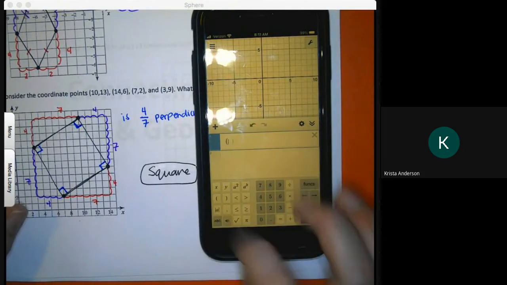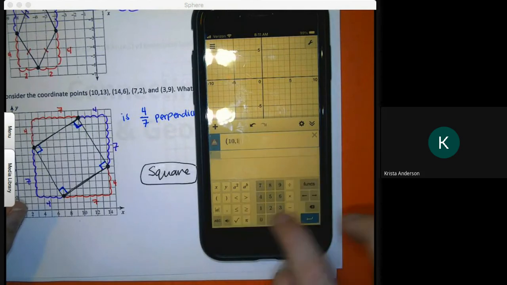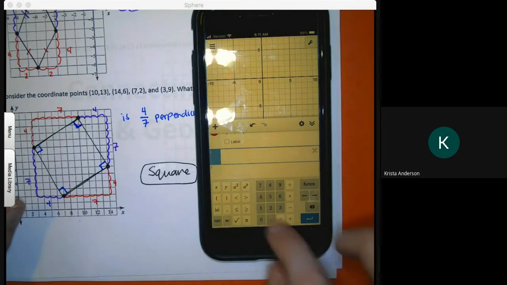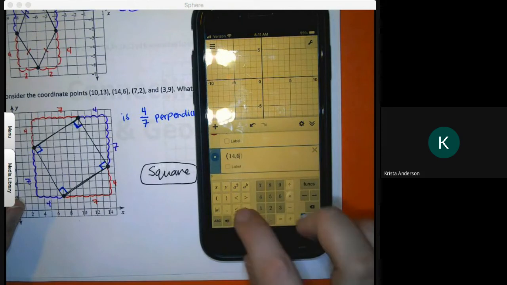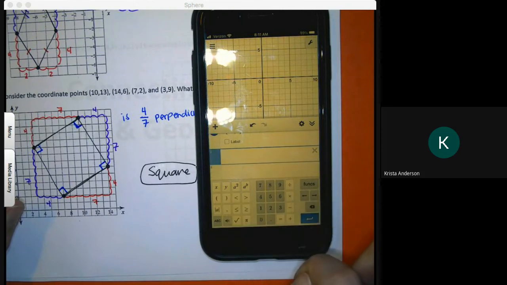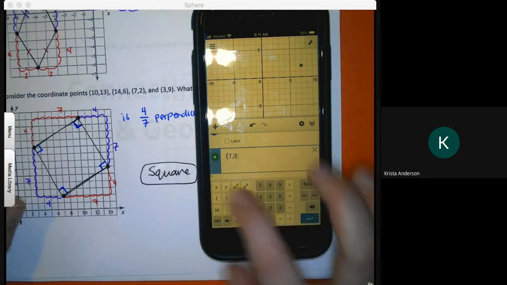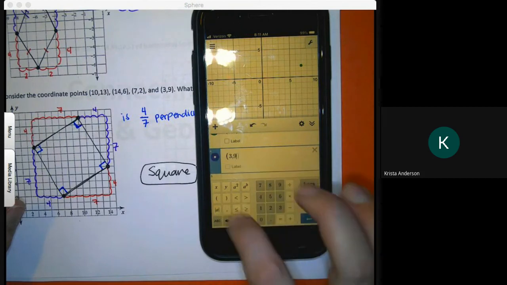So I can do parentheses 10, comma 13. Then I'll type in the point 14, comma 6, 7, comma 2, and 3, 9.